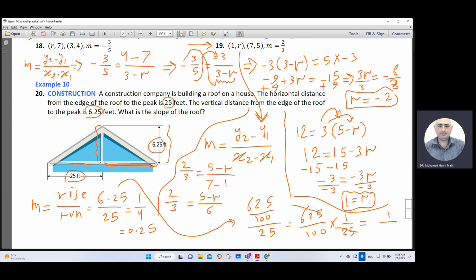And down here remains what? Who can tell me? 625 divide by 1. 625 divided by 25 will be 25. And here we have 100.